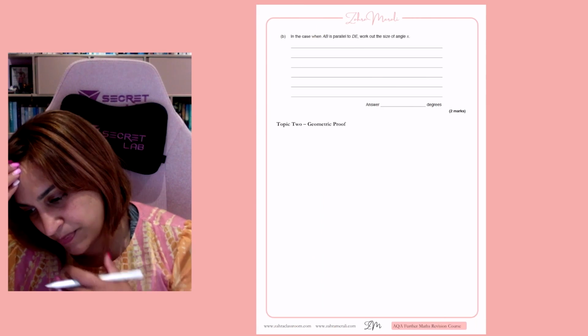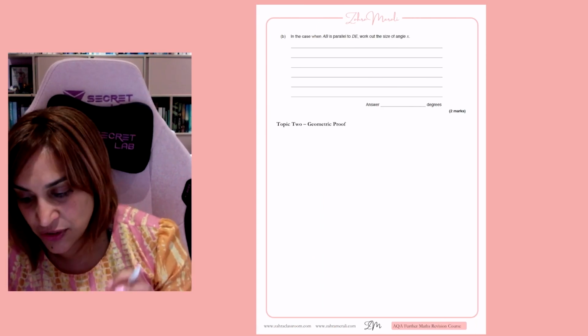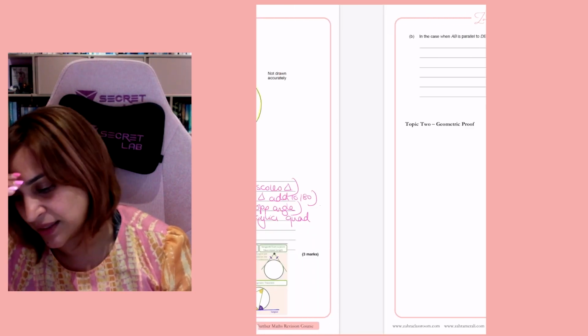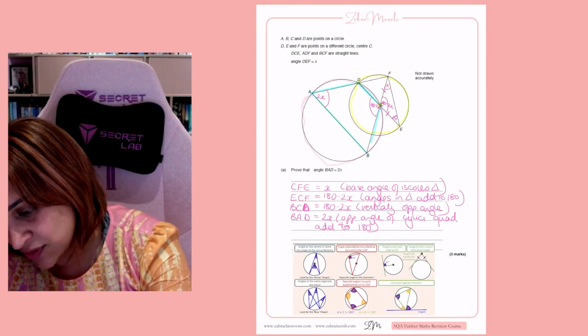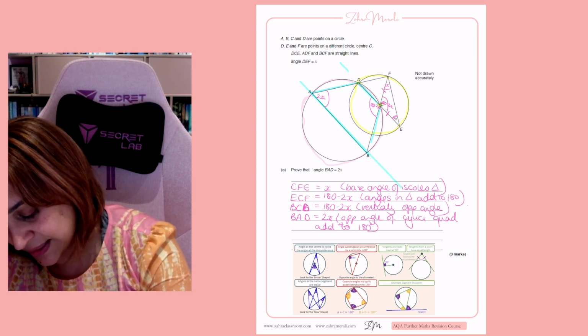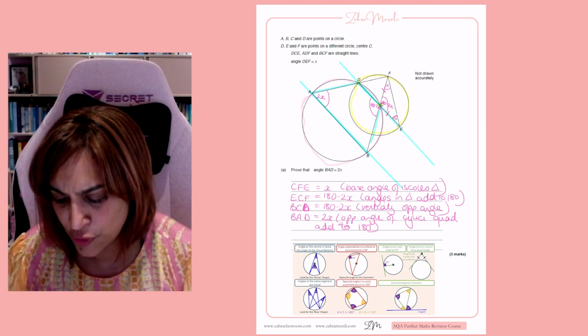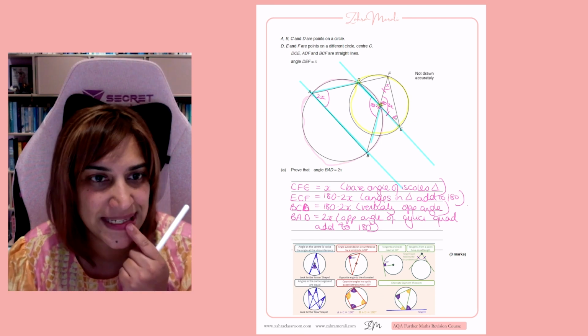All right, part B, it says, in the case when AB is parallel to DE, work out angle x. So we're now told that AB, all right, so I'm going to take this line here, it's parallel to this line here, and we want to work out x. Okay, what do we notice about DE?